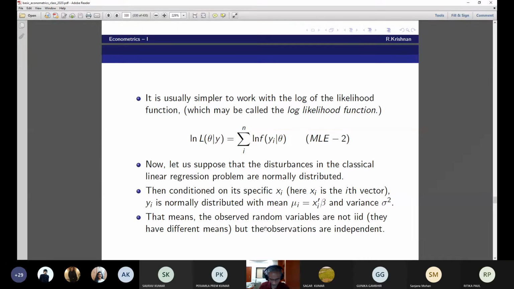The third bullet point, what is being played here? Let me see whether you are ready for the exam. In the third bullet point, I said the disturbances are normally distributed, but here I'm talking about the disturbance of yi. What is being played here? What is being used here?